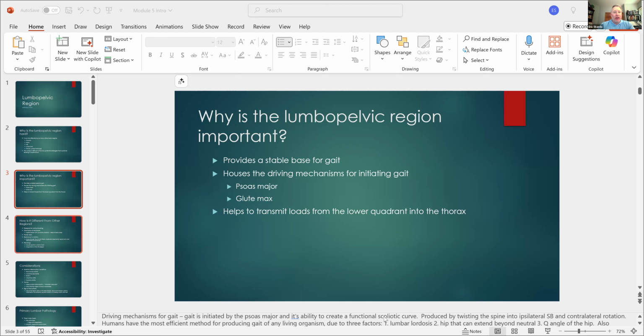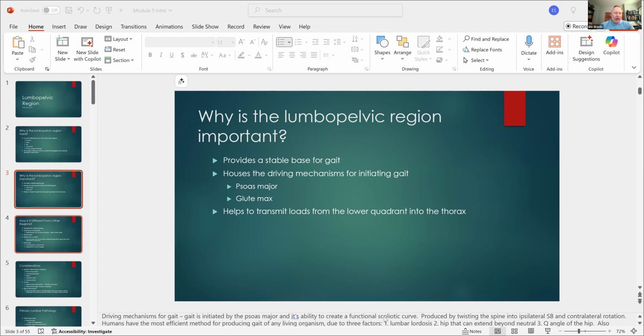I really believe that this is the case. The psoas major is the primary driver for human ambulation. Glute max is very important as far as being able to overcome that inertia and get somebody propelled forward, particularly if we're moving from what we'd consider quiet ambulation to jogging to running. It becomes much more important.